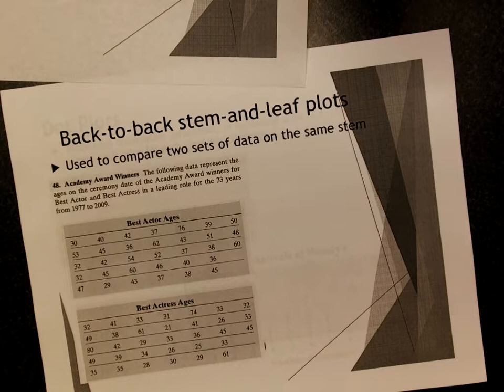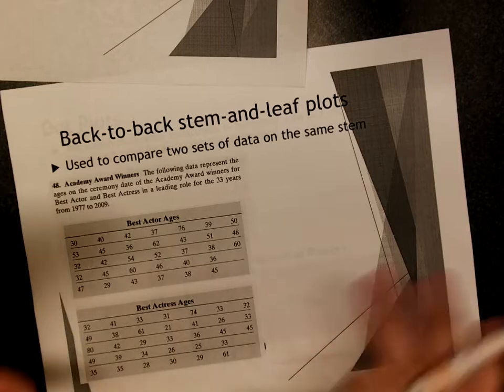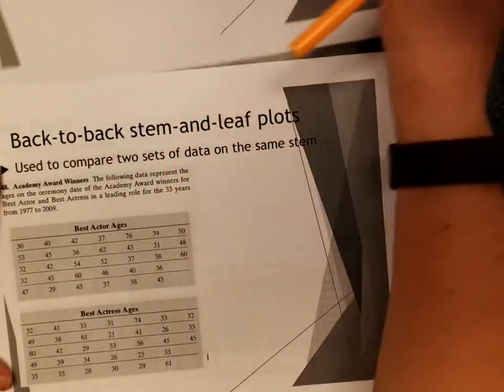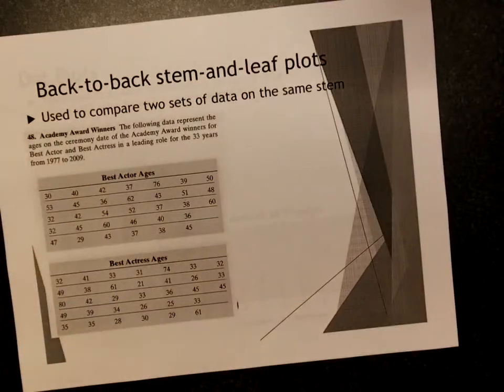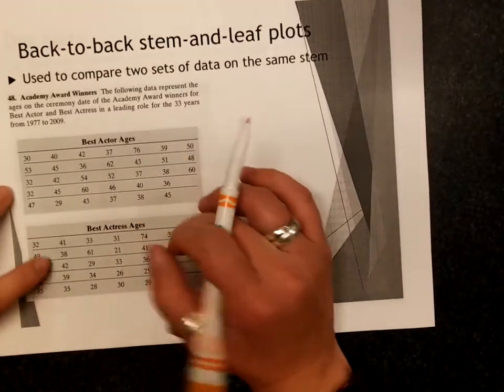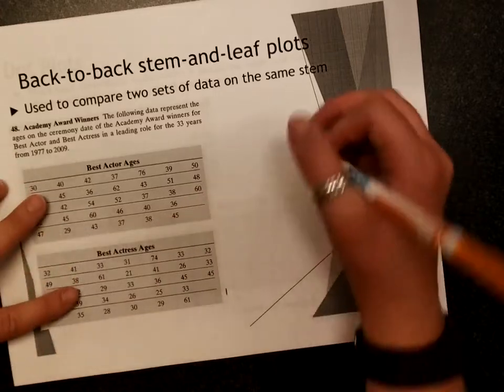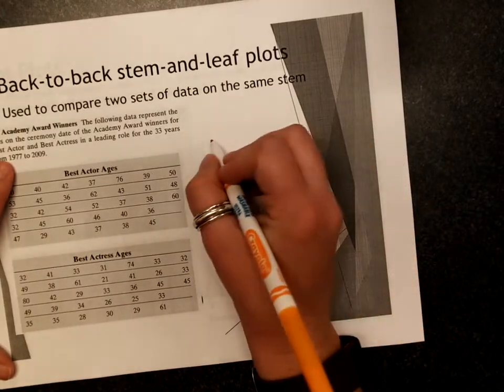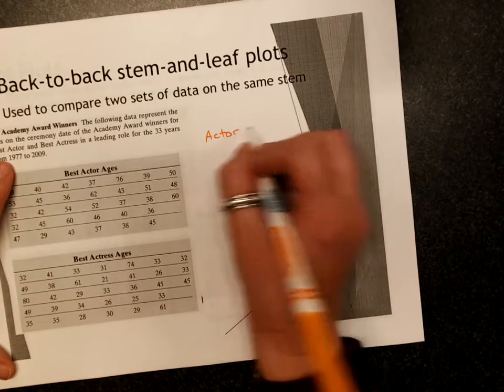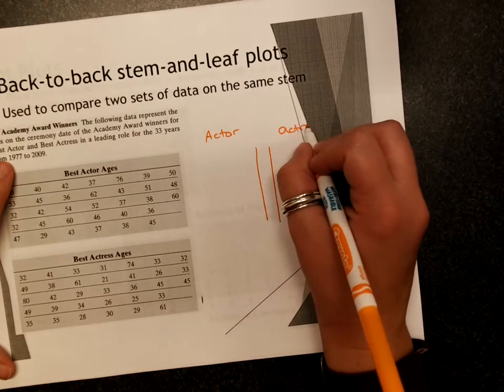Back-to-back stem and leaves are really useful in comparing data, so we'll make one of those next. I'm not going to rearrange the leaves on this one, we're just going to make it once. So we have actors and actresses, and you can pick one side or the other. We're going to have a stem in the middle, and then we can have actor on one side and actress on the other.